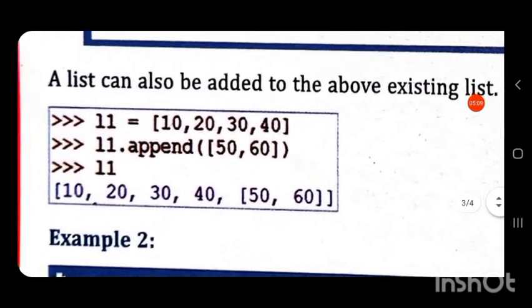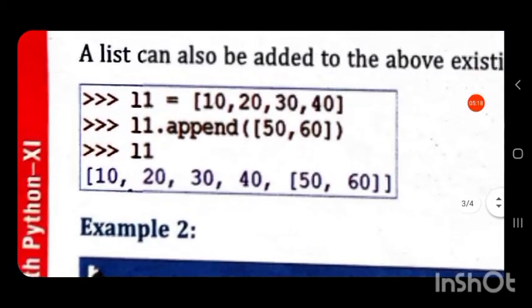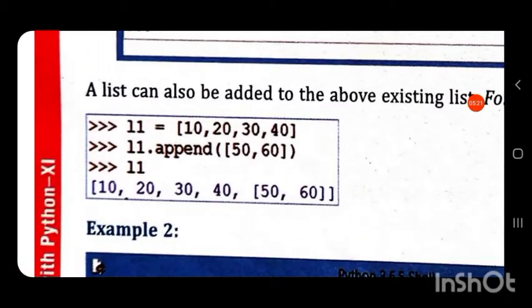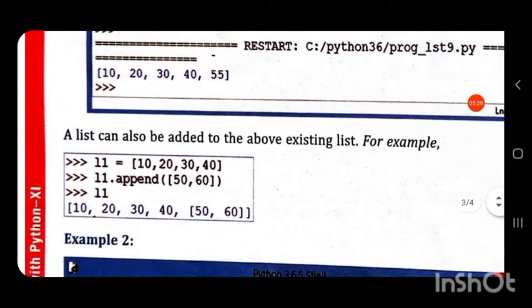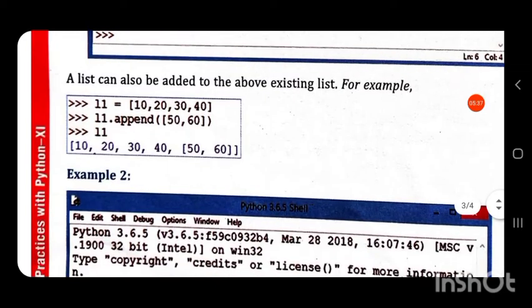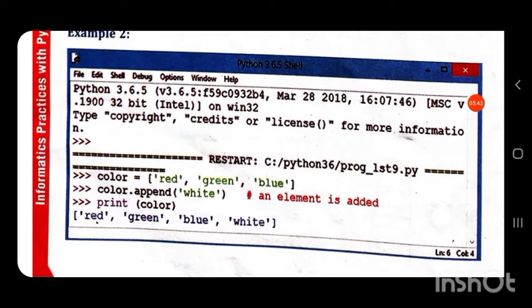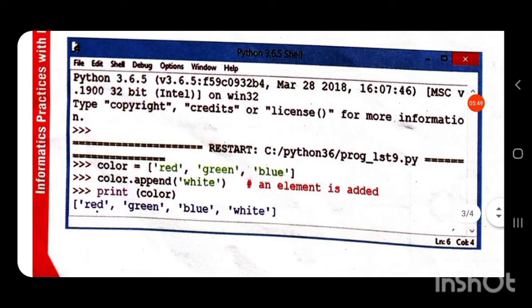The parameter is a list containing two values, 50, 60. When we print L1, you can see 10, 20, 30, 40, and then again a list 50, 60. So using the append function, we can add an element or a list itself to a list, and append adds it at the end of the list.